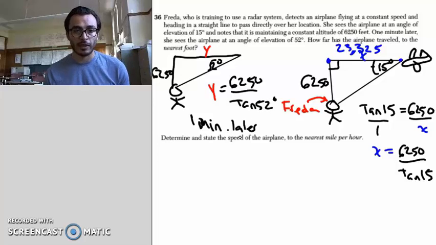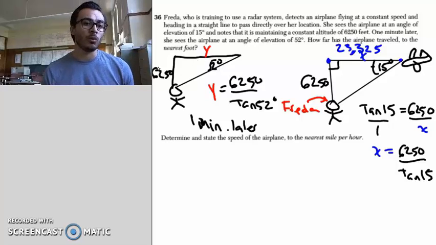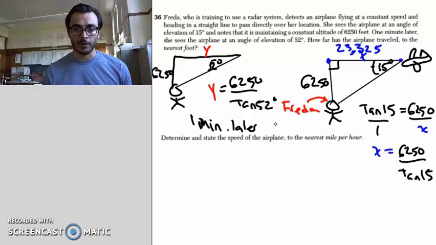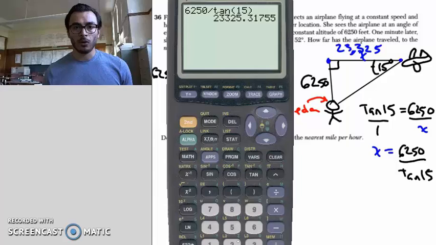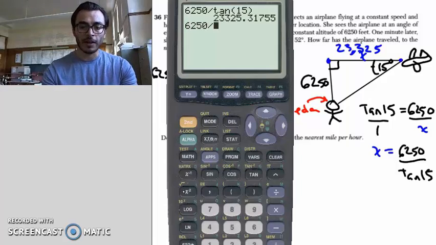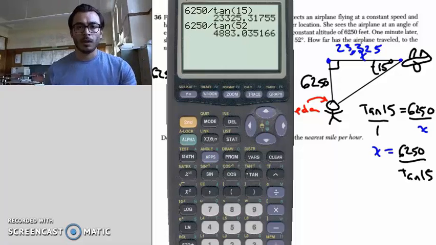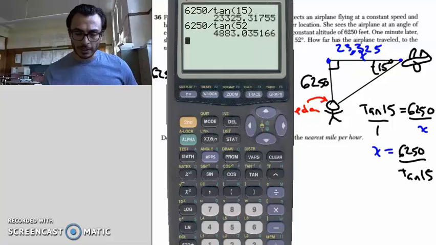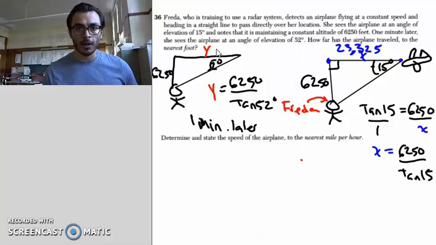I did skip some steps there, but you can write the equation: the tan of 52 equals 6,250 over y, cross multiply, and you'll work out to this. So I got 6,250 divided by the tan of 52, and I get 4,883. So the distance for y is 4,883.